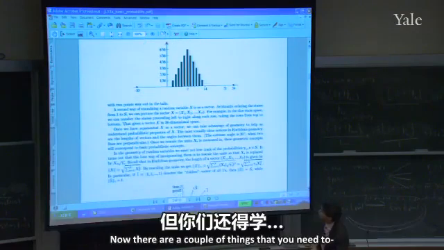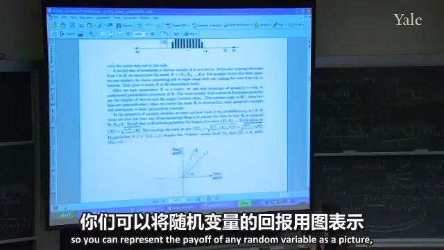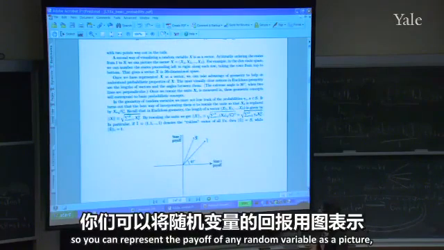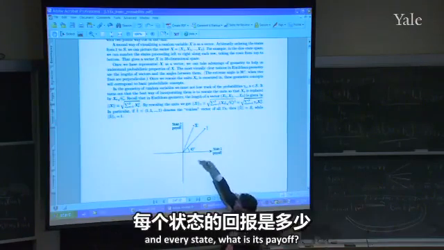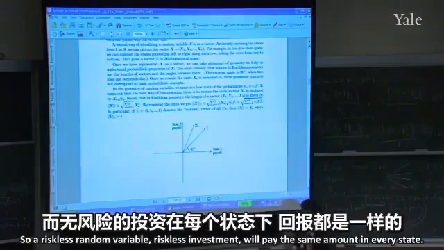Now there are a couple of things that you need to know. You can represent the payoff of any random variable as a picture: in every state, what its payoff is. A riskless investment will pay the same amount in every state.